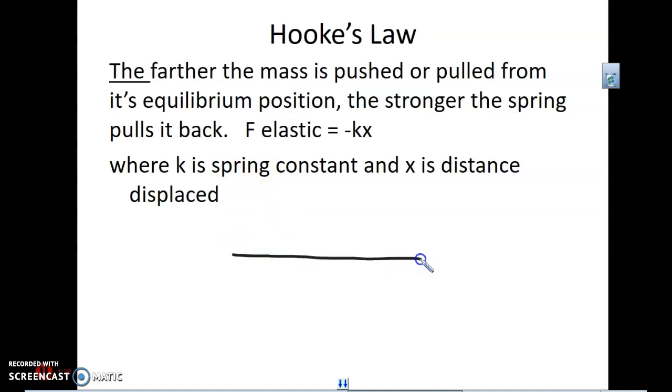So you saw this on the video, but if I have a spring like so, attached to an object, I can use some force to pull this out a bit, and then the restoring force pulling it back is what we're calculating here. This right here is our X distance, okay?